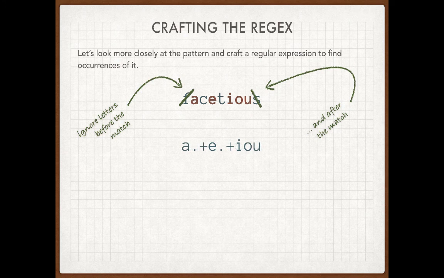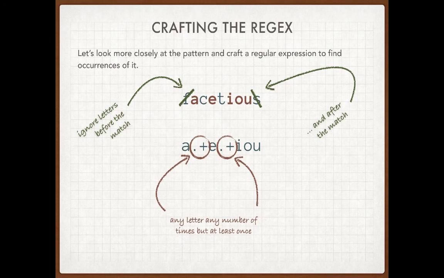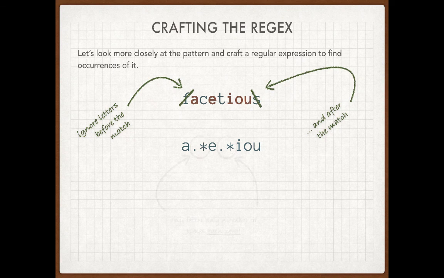Now you might expect, because a C and a T exist, that these are one or more occurrences of any character whatsoever. But that leaves me a little bit problematic when I get out here to the IOU, because there isn't any character between those.